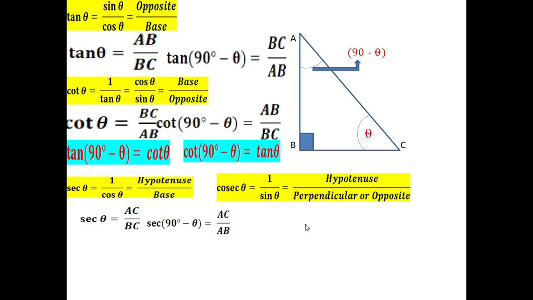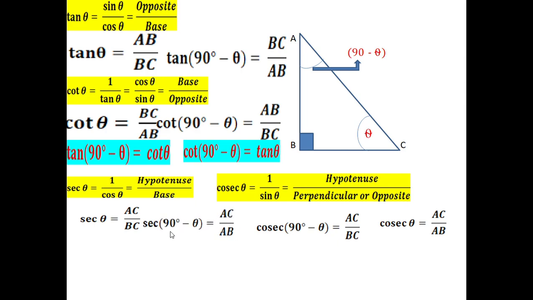Now cosec theta, that is the reciprocal of sin theta, so hypotenuse by opposite. Here cosec 90 minus theta is hypotenuse by opposite. For 90 minus theta, opposite is BC, so AC by BC, and cosec theta is AC by AB, because for this theta, opposite is AB.